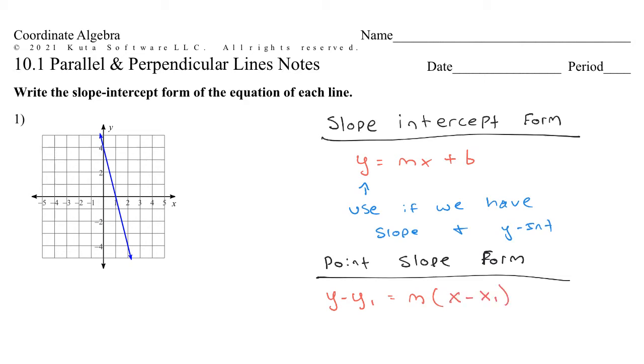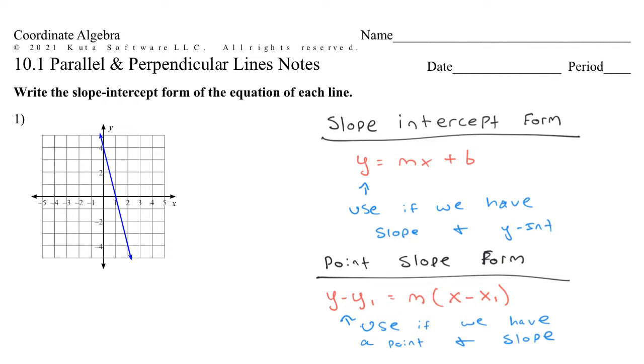We use this one if we have a point and slope, or if I can find a point and the slope. So if I had 2 points, I could use those 2 points to find the slope, and then I would use this formula to find the equation of the line.